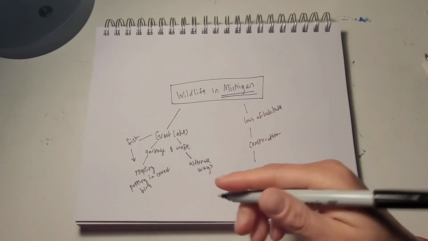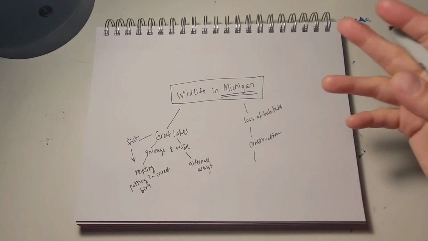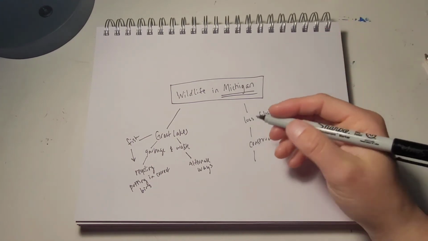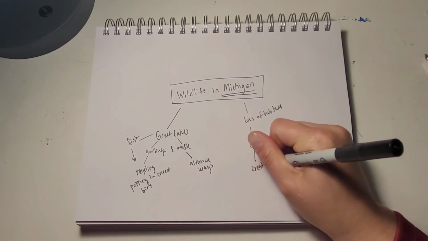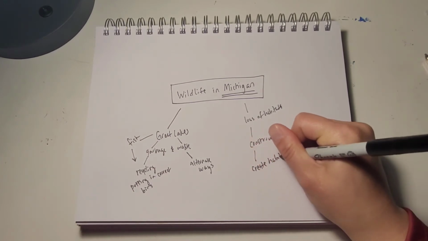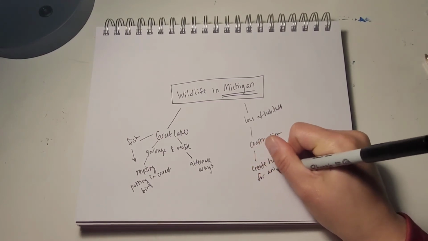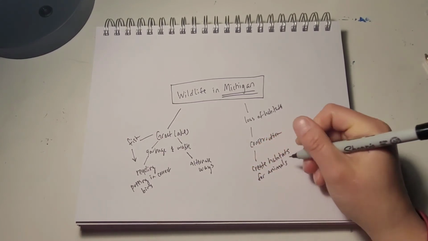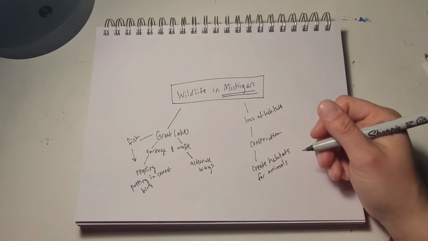As people trying to positively affect this, we could create more habitats for the animals. So this could be through planting seeds for trees. This could be having more things accessible for different animals.